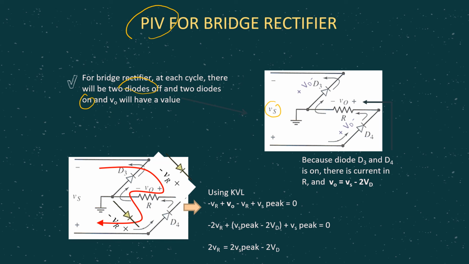At that time, we are considering D4 and D3 when we have a complete loop. But since now we are considering the maximum reverse voltage, we look at the open circuit. We are not considering the closed loop, because that is for the normal analysis.